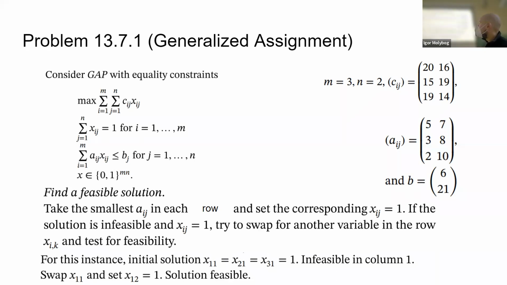So let's take a look at the example and what the strategy would result in. The initial solution for X is going to be a matrix 1, 1, 1, 0, 0, 0. For each row, we are picking the smallest value Aij.